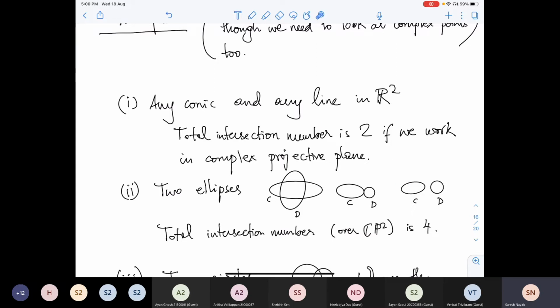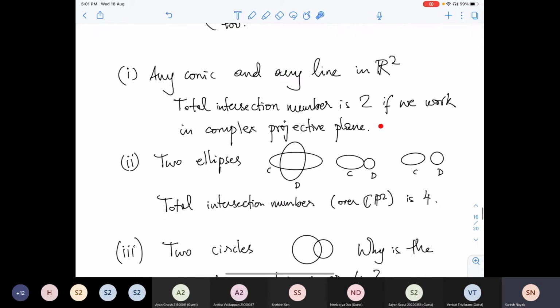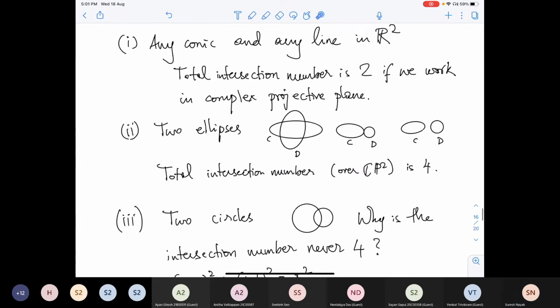And in some cases, it's asymptotic, like a hyperbola and its asymptote. They don't seem to meet, but they meet at infinity. So the total intersection number is always 2 if we work in the complex projective plane and use multiplicities. I didn't mention that, so let me just say it orally: use multiplicities here.